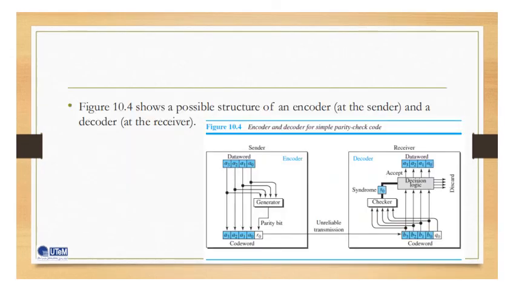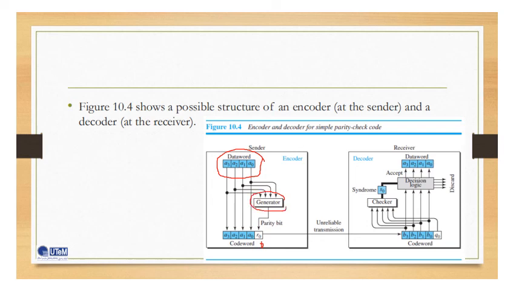Figure 10.4 shows a possible structure of the encoder at the sender and the decoder at the receiver side. At the sender side, you have a data word. You add the bits together. If the answer is even, then add a 0 bit.